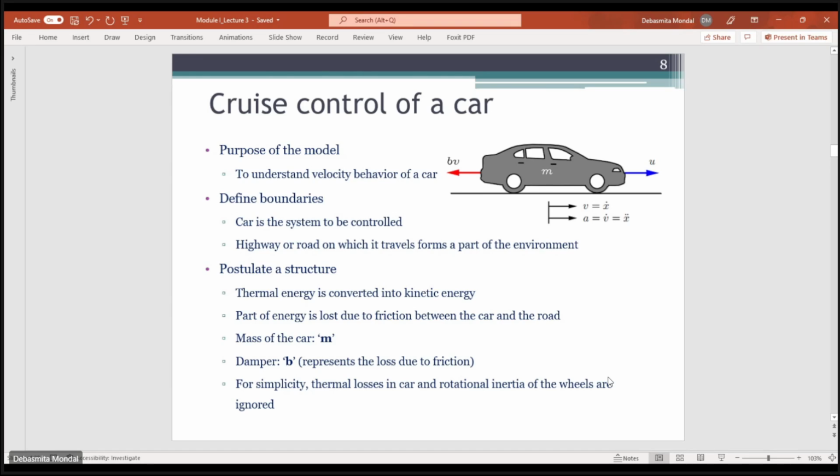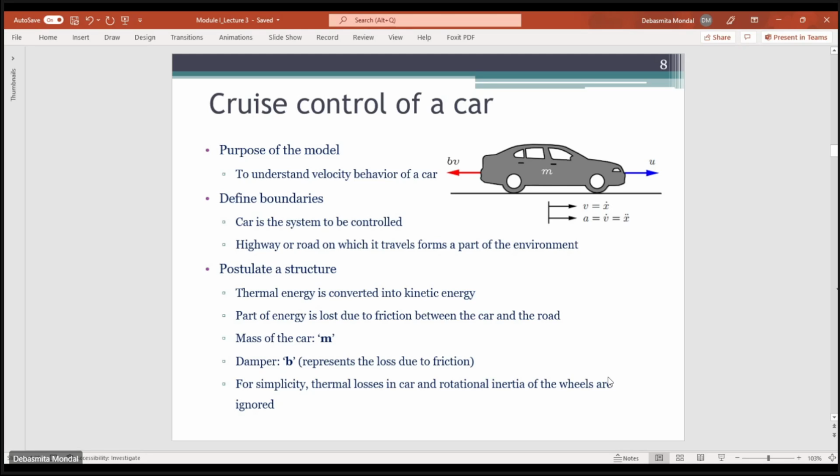Now, if you want to understand the mechanism of how this velocity is being generated because of this force, from the mechanical structure of the car, you can see that thermal energy is converted into kinetic energy.